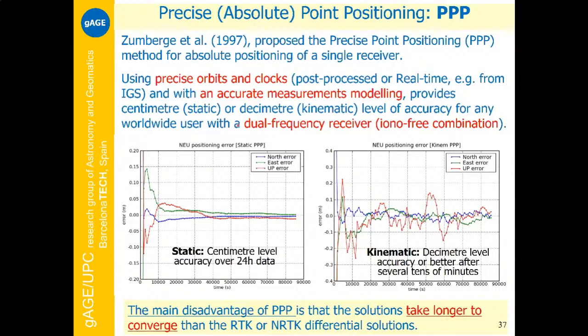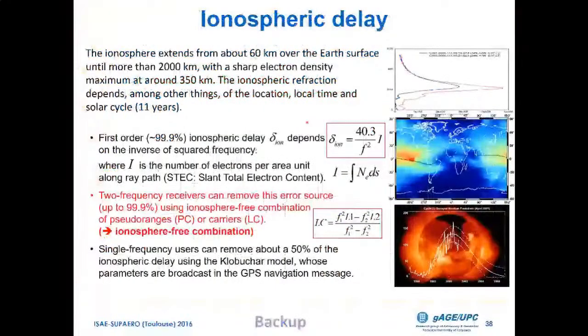The error component more difficult to remove is the ionosphere. Well, in PPP, we need dual frequency receivers in order to remove the ionosphere. The idea is as follows. The ionospheric error depends on the frequency, on the squared inverse frequency.